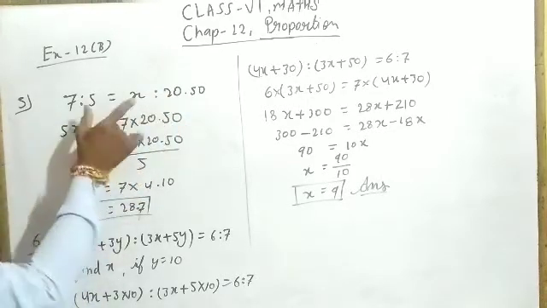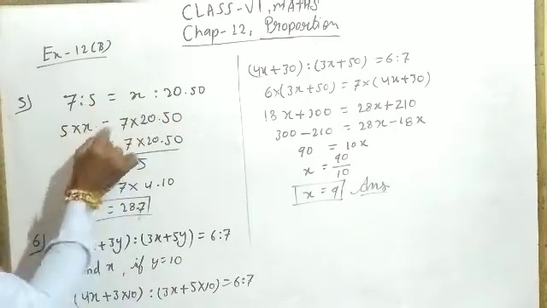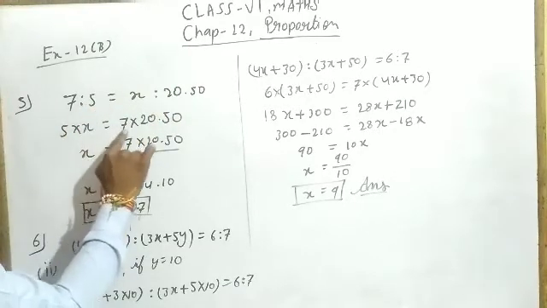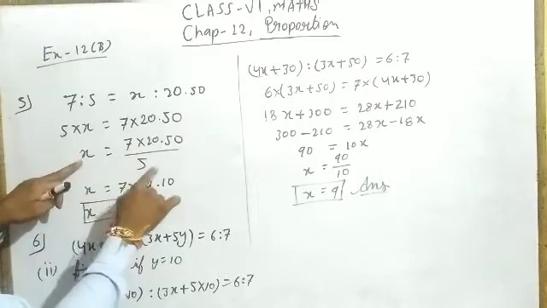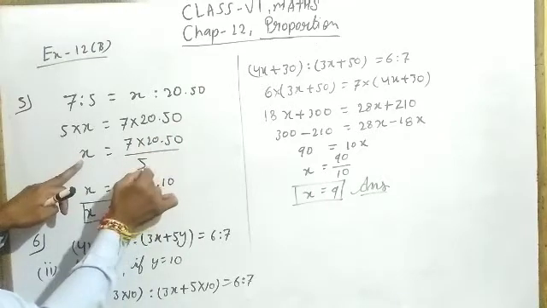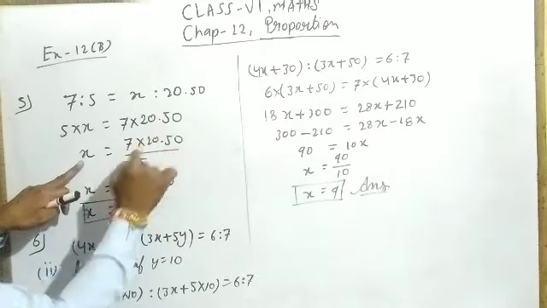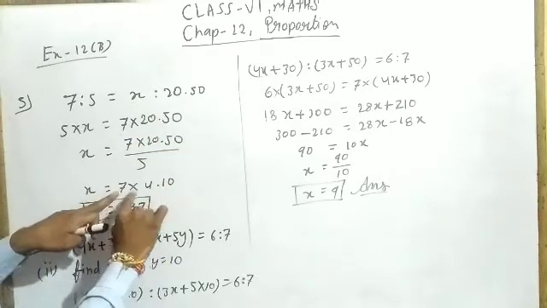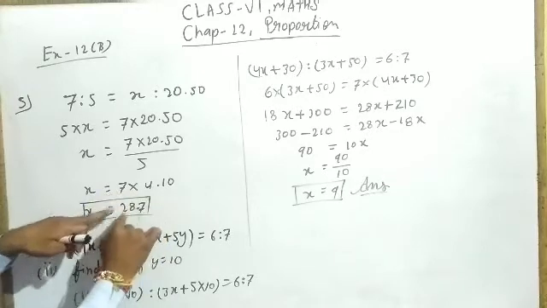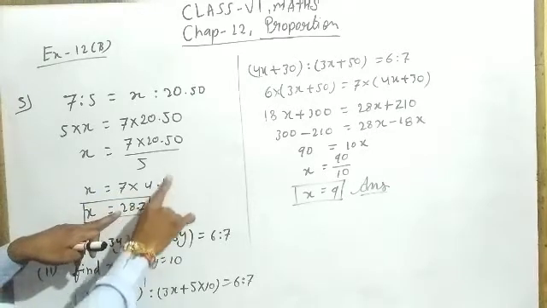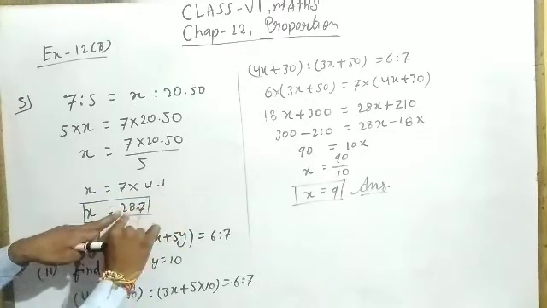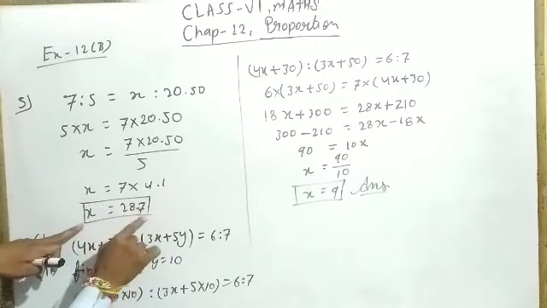Then product of means equals product of extremes. So 5x equals 7 into this, then 5 will be in division. This number will be cancelled by 5. 5 fours are 20, 5 ones are 5 and 0. Now multiply 7 ones are 7, 7 fours are 28. Now you can remove 0. So this is 28.7. This is the value of x.